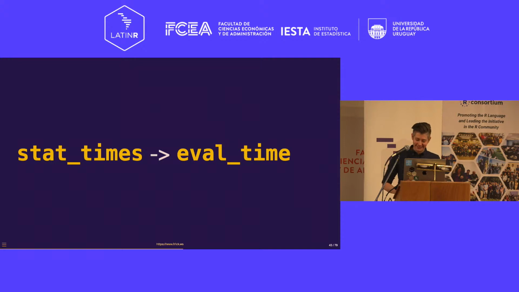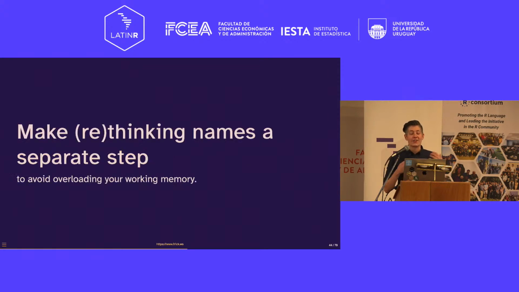And the whole episode distilled for me that thinking about names, or rethinking your names, as a separate step after you've written your stuff is well worth it. You're busy trying to get the code to work and do the right thing. You're not also having capacity in your working memory to think about good names. Do the one thing, then do the other thing.